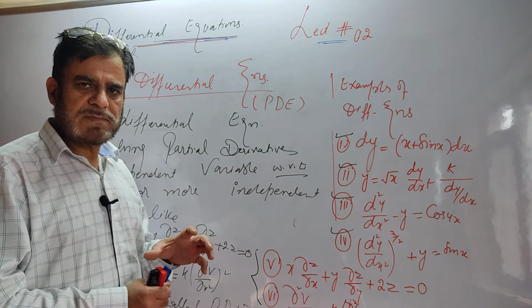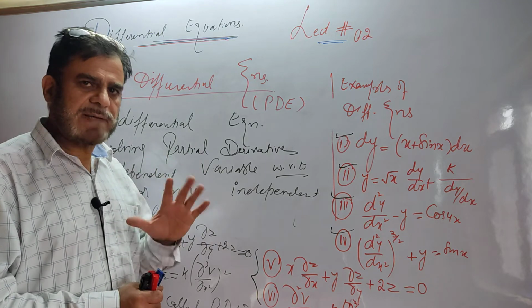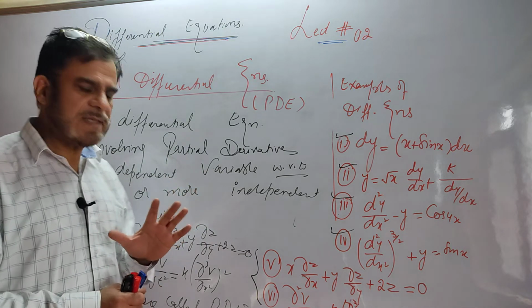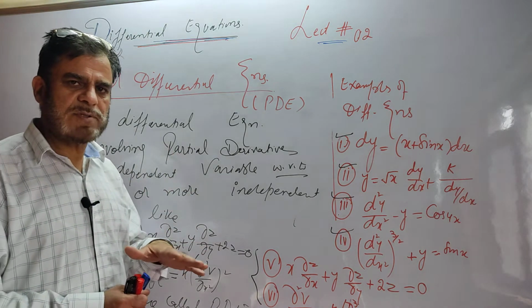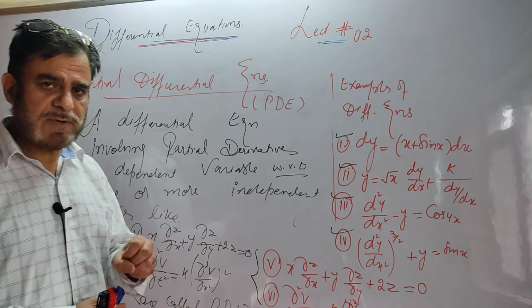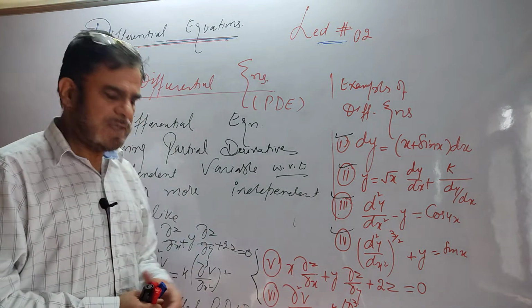It is not necessary that you will come across only one dependent variable. You can have more dependent variables and independent variables, but the derivatives involved in the differential equation will be partial. That will be called partial differential equations.